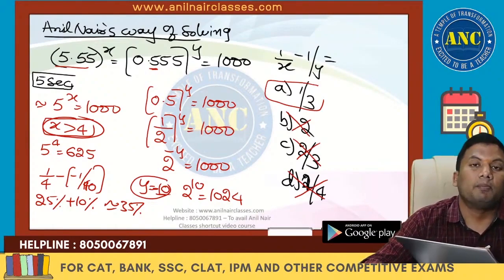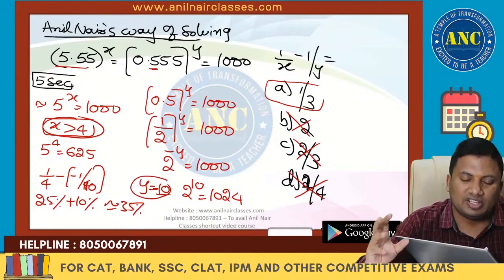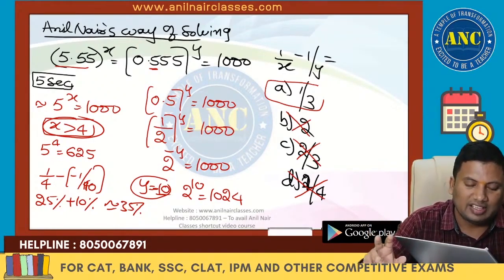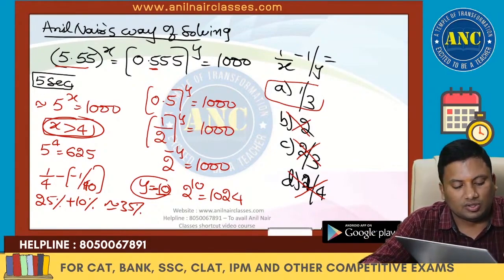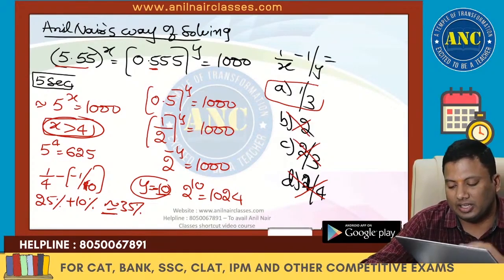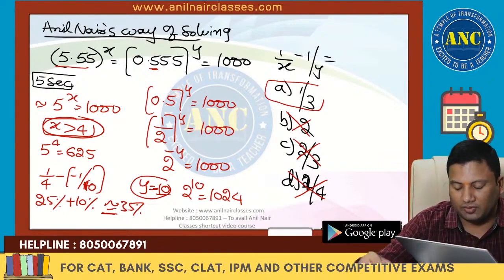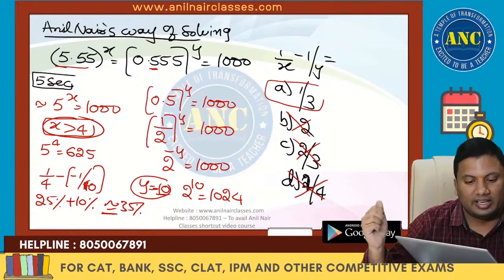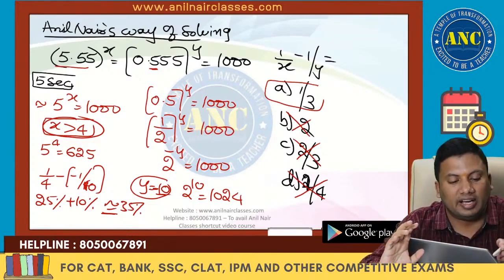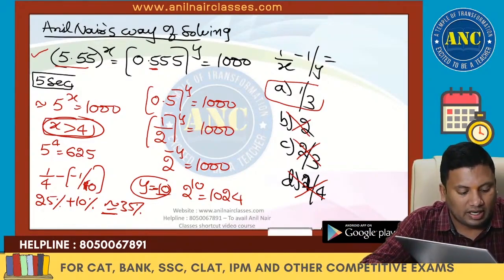Y is minus 10 because 2 power 10 is 1024. X is just greater than 4, y is just less than minus 10. So if I substitute it, answer is just less than 35 percentage. It is closest to option 1 by 3. I hope this idea is clear to you.